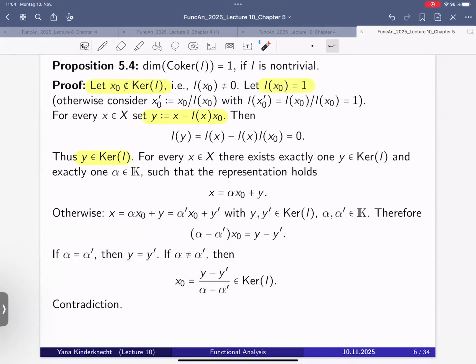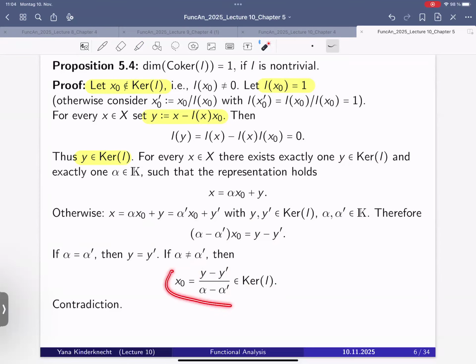If alphas are not equal, so this is something which is not 0, then we can divide this identity and we see that x0 has the following representation. But we know that y and y prime are elements of kernel. So if we multiply them with a scalar, we still have an element of kernel because kernel is a vector space.